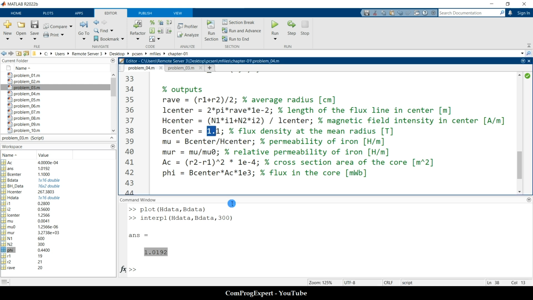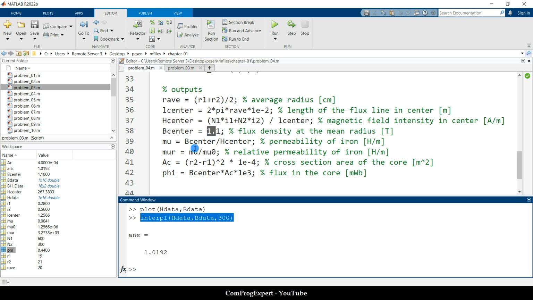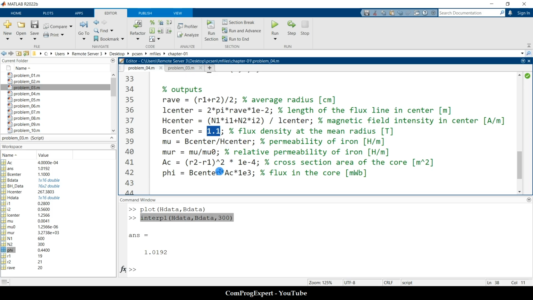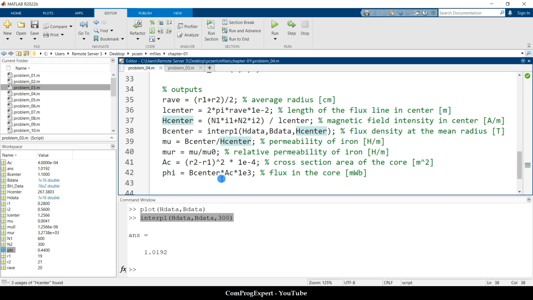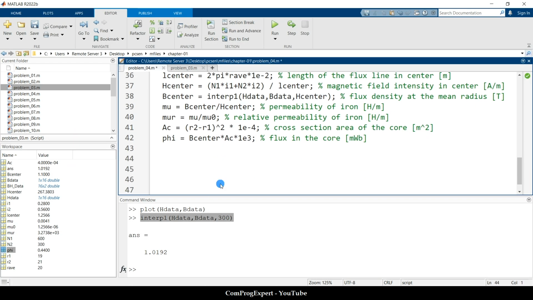So here, if I copy this and paste it here, this is H center. So we can do the calculations considering the HP curve that we imported, not exactly this one. And here, plot operating point.